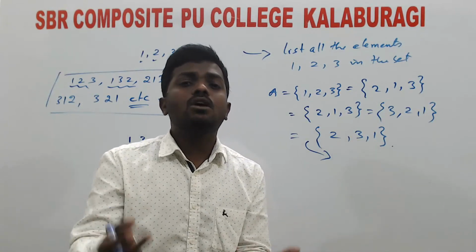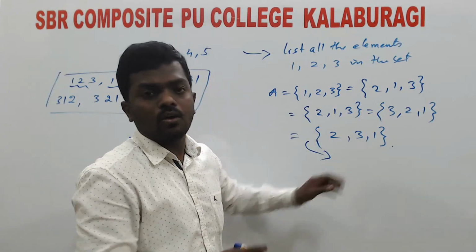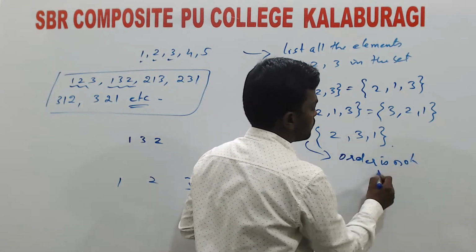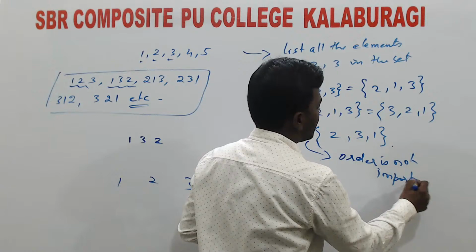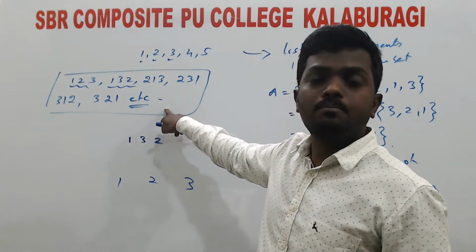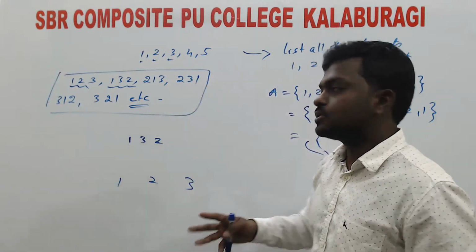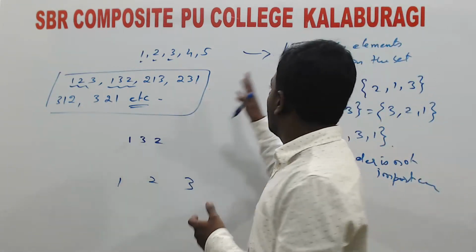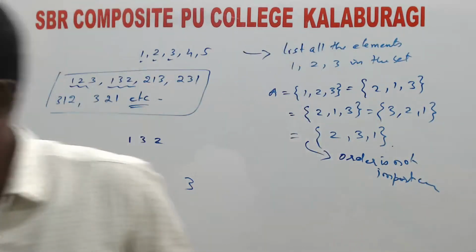Order is not important here. But in this case of example, order is important. Is that clear? So permutation means order is important, and combination means order is not important.